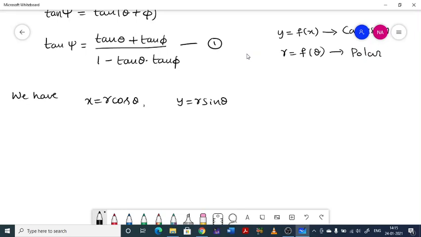We have also seen that r equal to square root of x square plus y square and theta equal to tan inverse of y by x. For the time being these two expressions are not used, but in the previous class we discussed how we got them. Now, x equal to r cos theta, y equal to r sin theta, and the slope in Cartesian form can be written as dy by dx. So I am going to get an equivalent expression for dy by dx.